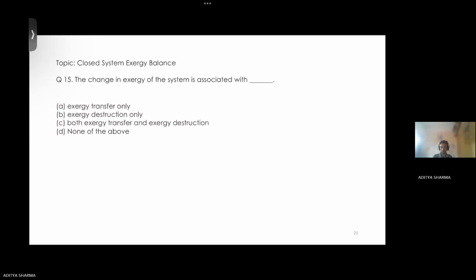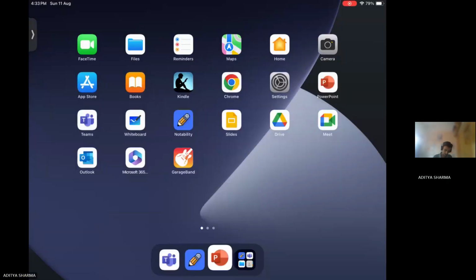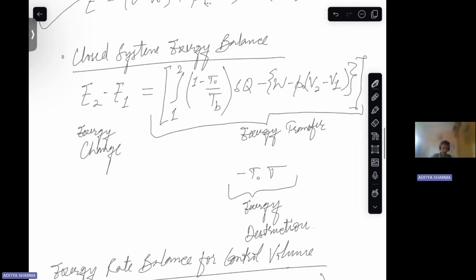Okay, so if you remember the closed system exergy balance, exergy change is because of exergy transfer across the system boundaries and exergy destruction because of irreversibilities, right?